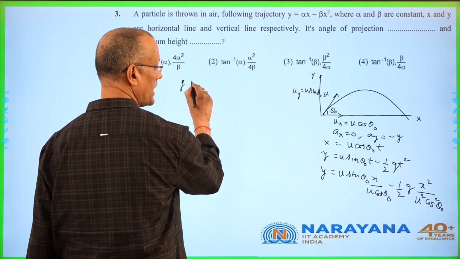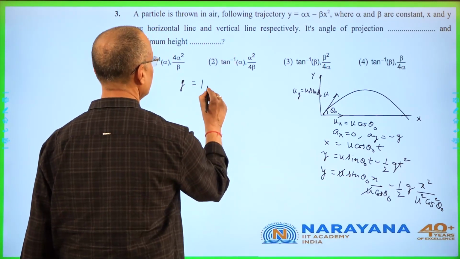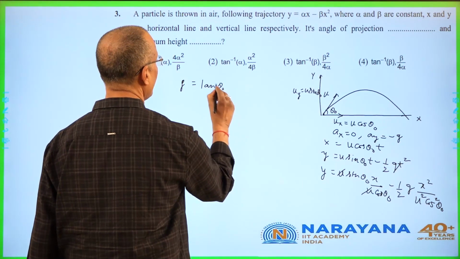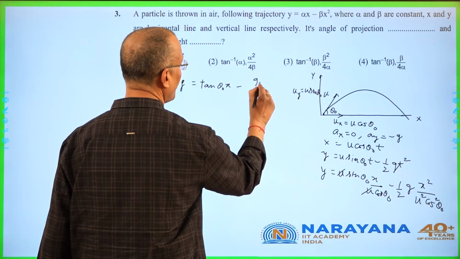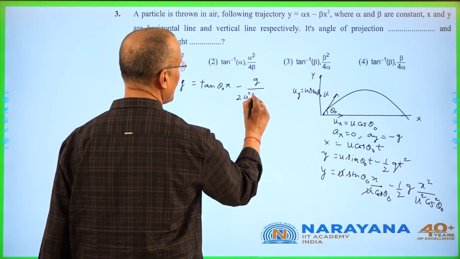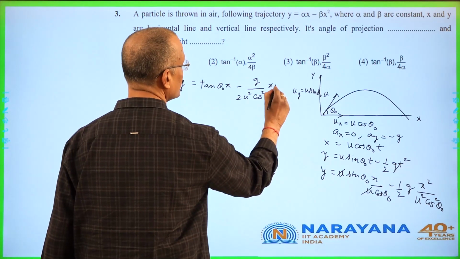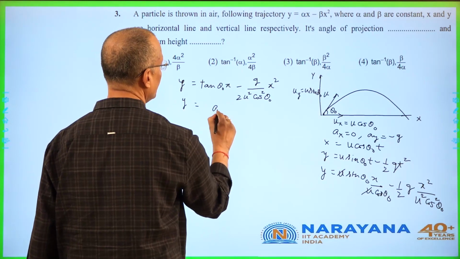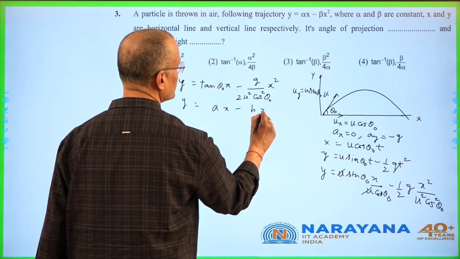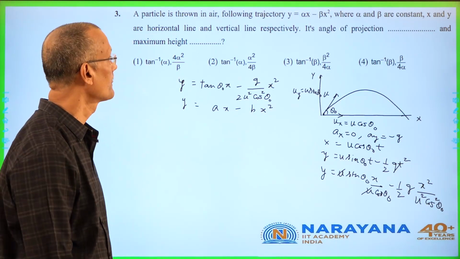You are getting y equal to, u and u cancelled, tan theta naught x minus g by 2 u squared cos squared theta naught, and this is x squared. So y equal to ax minus bx squared. It is the equation of a parabola.